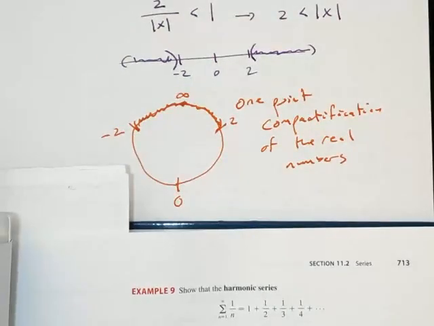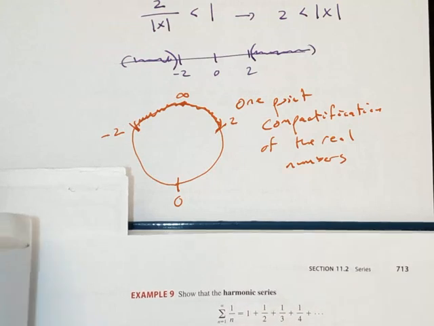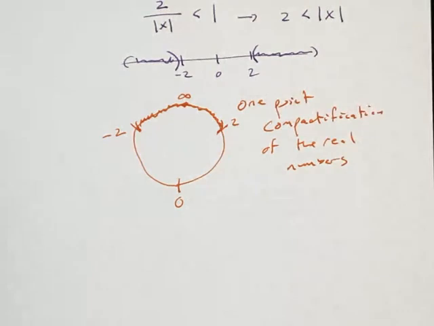Ta-da! Yes, sir. 74 on 11. 74. Is this increasing, decreasing, or not monotonic?